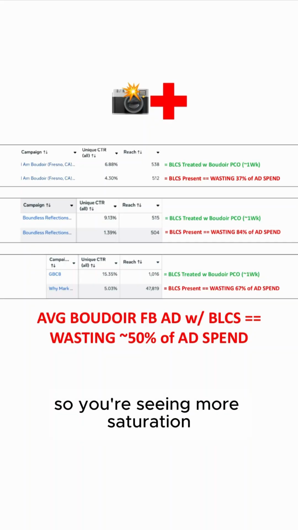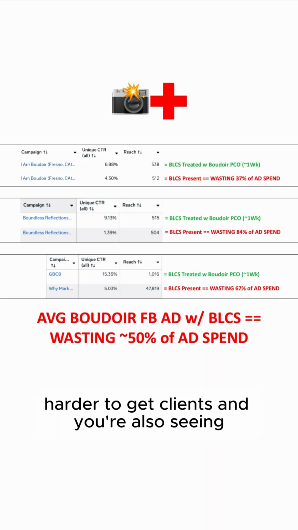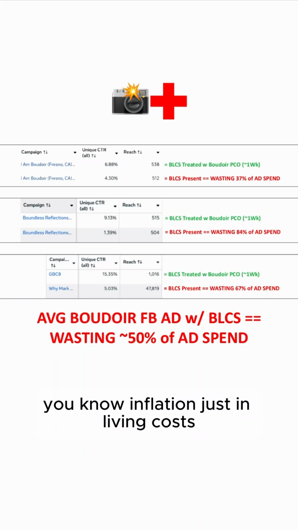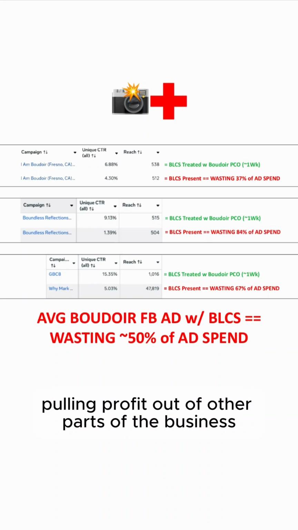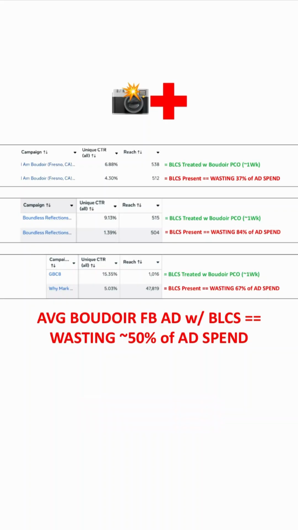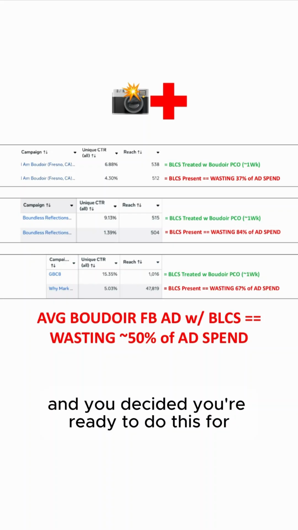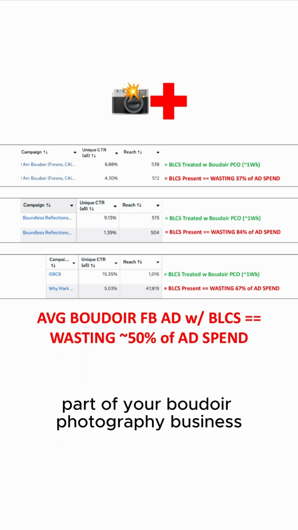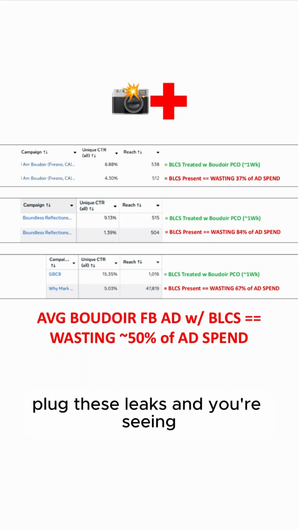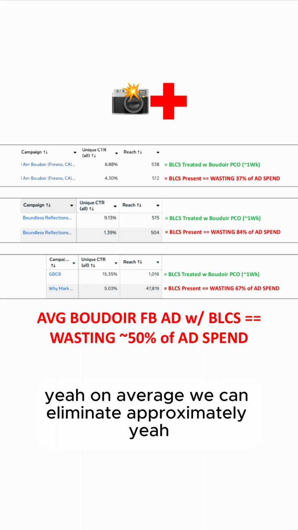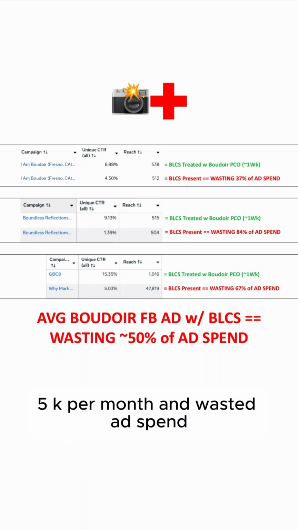So you're seeing more saturation, harder to get clients, and you're also seeing inflation in living costs. So you decide you're optimizing the business, pulling profit out of other parts of the business, and you decide you're ready to do this for the Facebook ads part of your boudoir photography business, plug these holes, plug these leaks, and you're seeing, on average, we can eliminate approximately 5K per month in wasted ad spend.